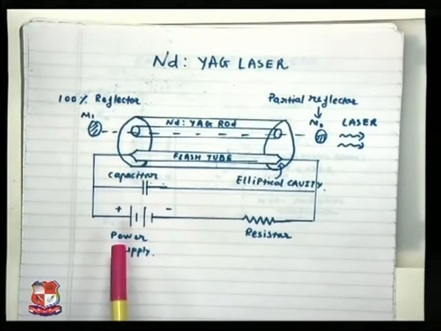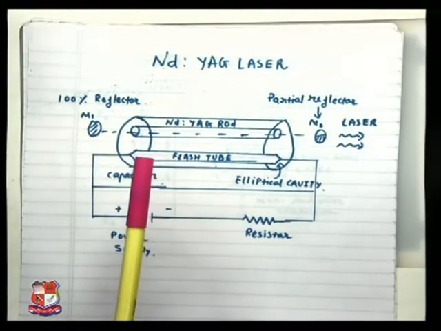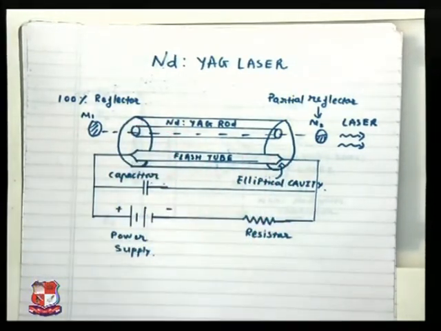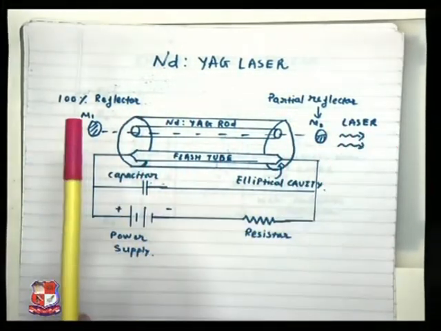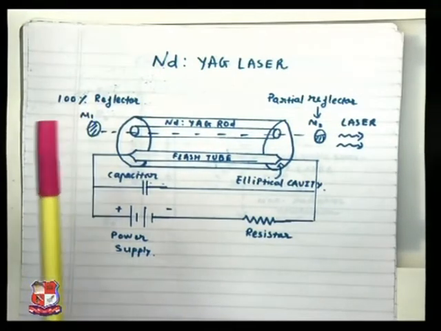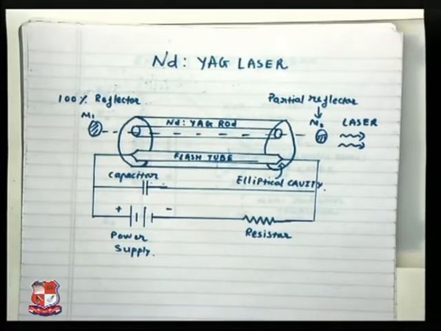When you give the power supply, it is connected to the flash tube. The elliptical cavity with the Nd:YAG rod is placed between the optical resonators, which are mirrors: one totally reflective and the other partially reflective.